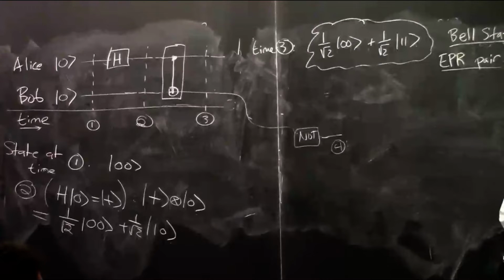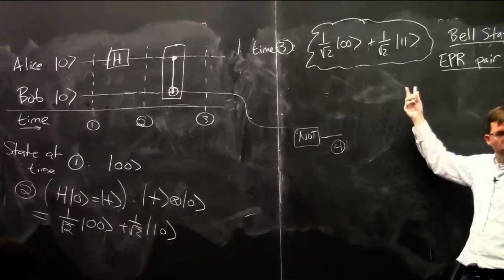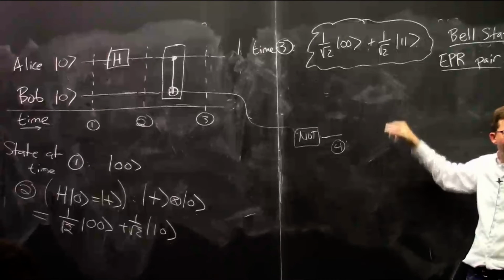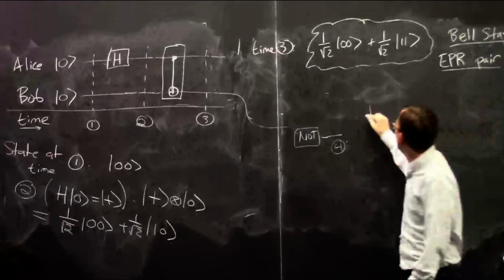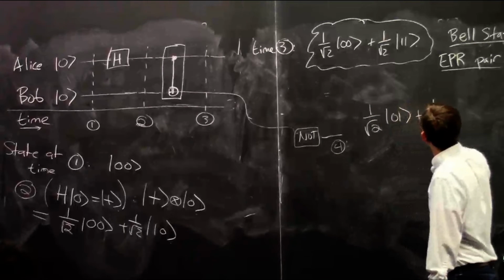So 1, 0 would become 1, 1, because Bob is the second bit, and 0, 0 becomes 0, 1. Okay, so what would it literally be? Just tell me the numbers. 1 over root 2, 0, 1, and 1 over root 2, 1, 0. Yeah, that's right.